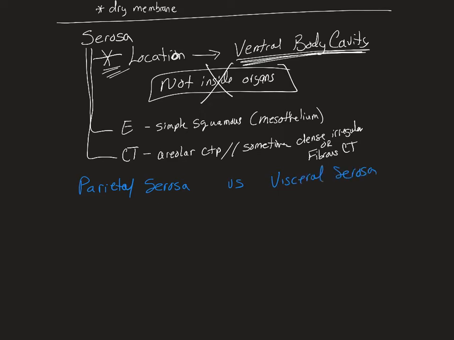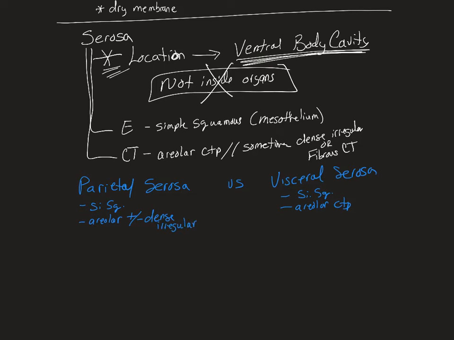All right, the visceral serosa is going to be the simple squamous epithelium and basically areolar CTP. The parietal is going to be simple squamous epithelium, and then it could be areolar, but many of them also have dense irregular because they're forming sacs.